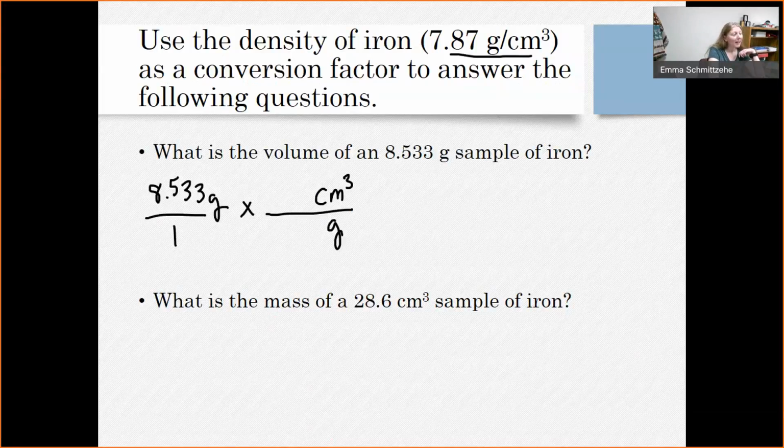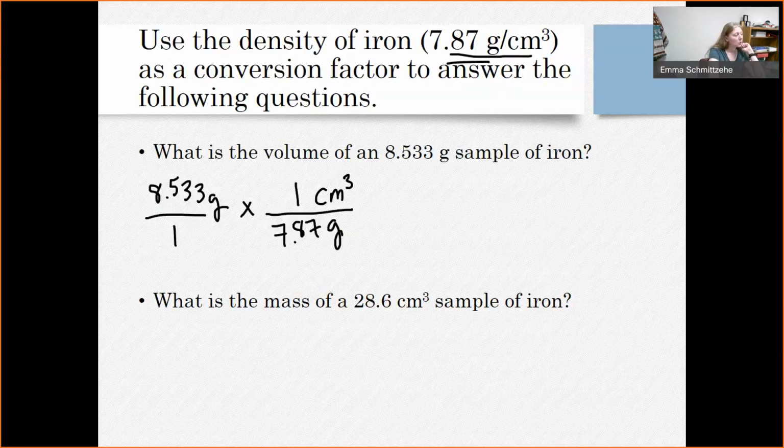And so that, writing down those units first, that's forcing me to set up my calculation properly. Okay, so my grams are going to cancel and give me a proper volume unit. Okay, so then I just take that density and I plug it in. So this density tells me it's 7.87 grams. So I'm going to put the 7.87 grams with the grams, and then that's per 1 cubic centimeter.